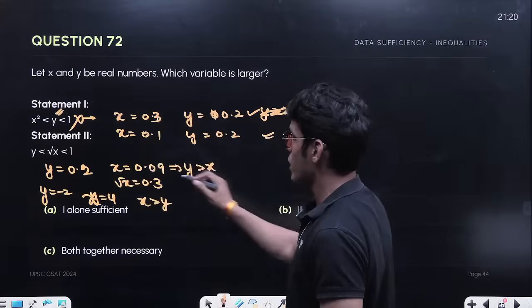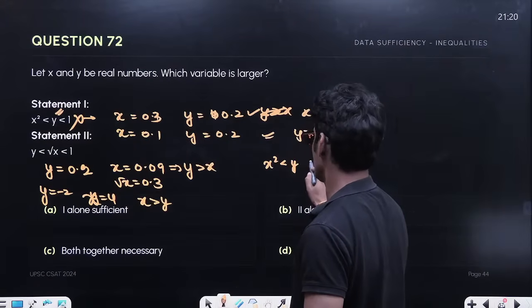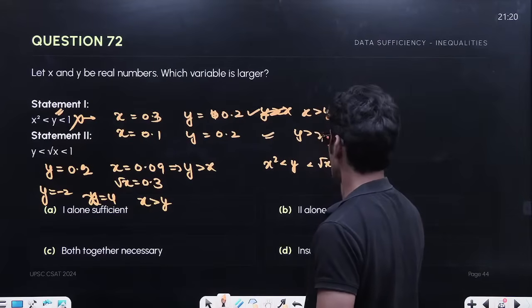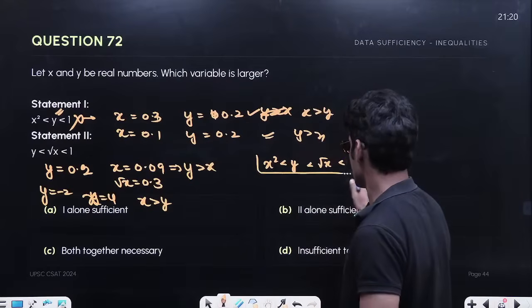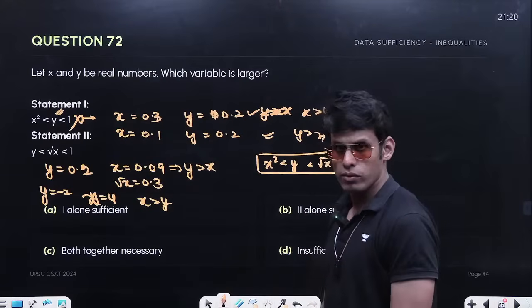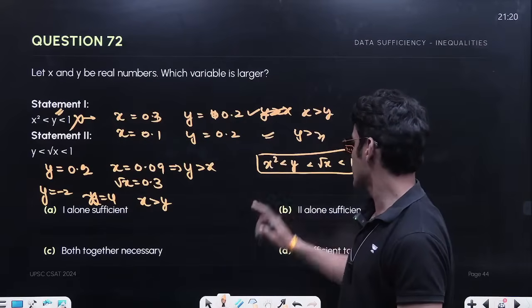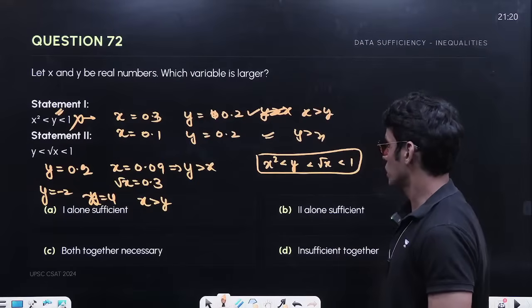But if I use this statement in entirety, right, then my Y becomes positive. So Y is greater than X square and Y is less than root X, right?